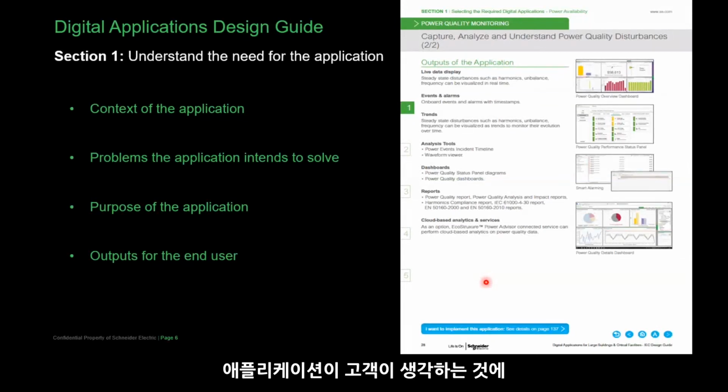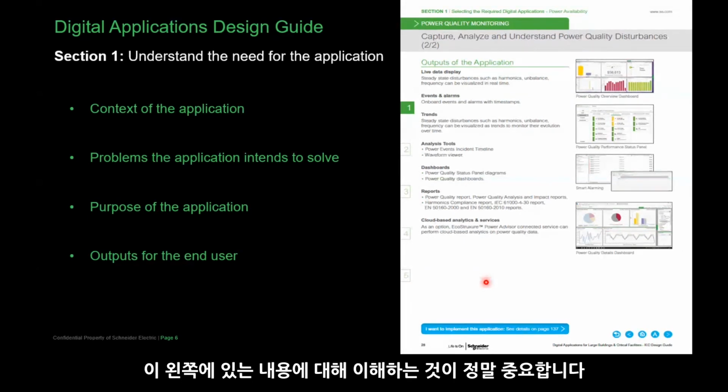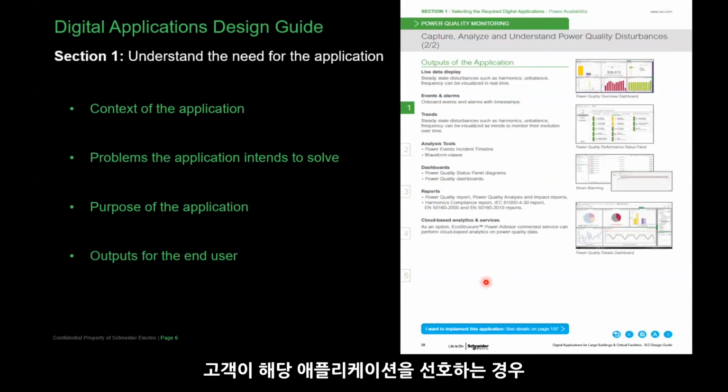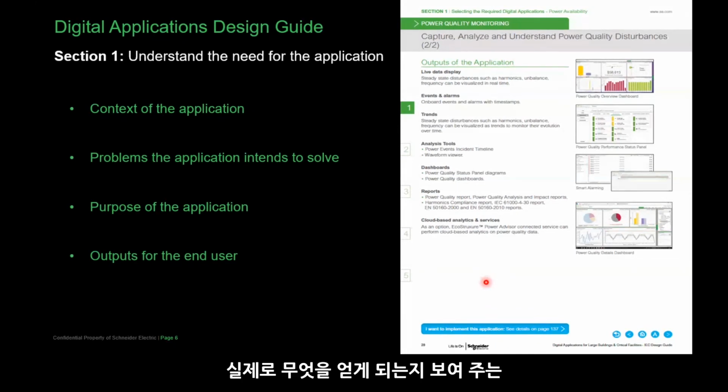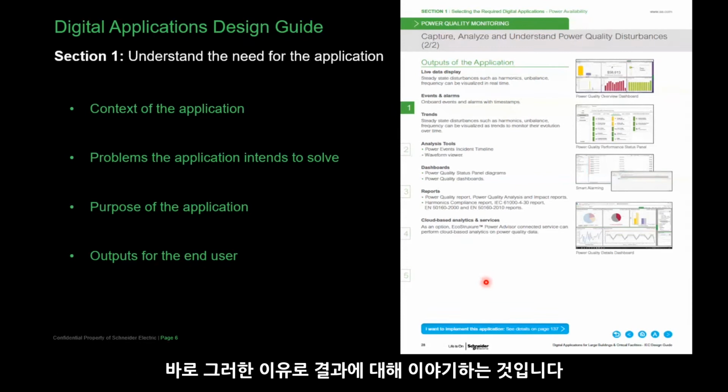So it is really important to understand these few items on the left before you decide that this application addresses what your customer needs are. Imagine that if a customer prefers the applications, there might be a very systematic way to implement it, to let them understand how it's solved, and to let them also look at what the receivables from this application are. What do they actually receive? That is where we are talking about the output.